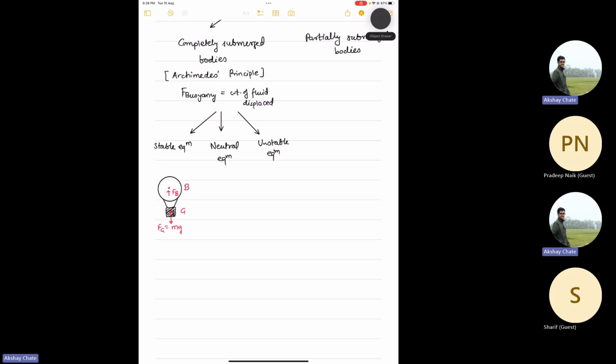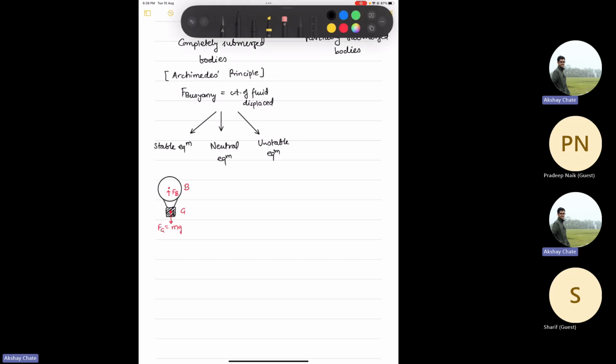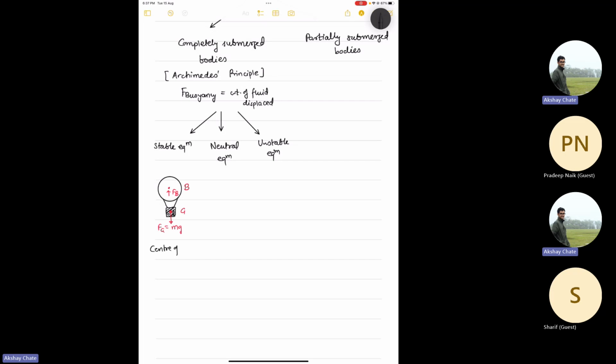Center of buoyancy, which is denoted by point B, as I said, is the point at which buoyancy force acts, and it is actually equal to the center of gravity of the fluid displaced.